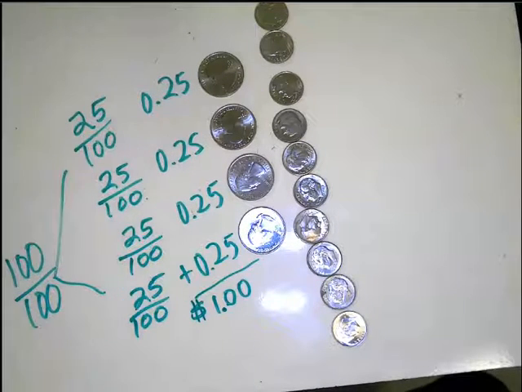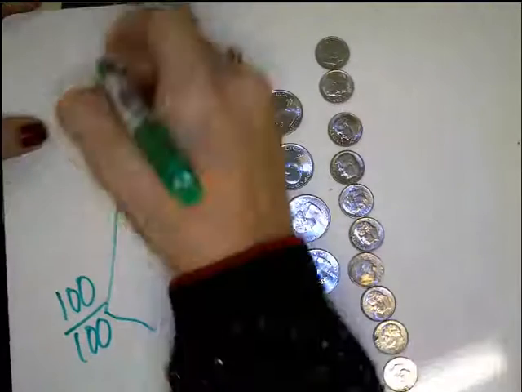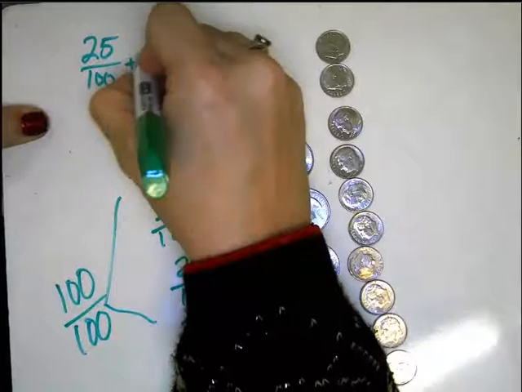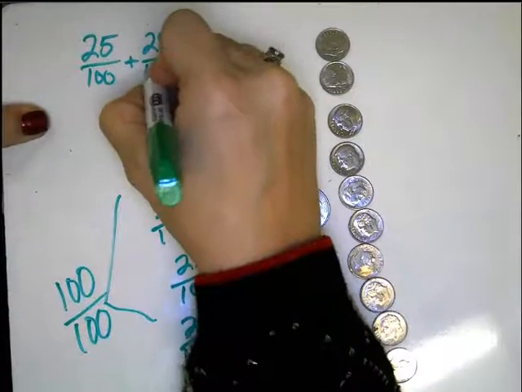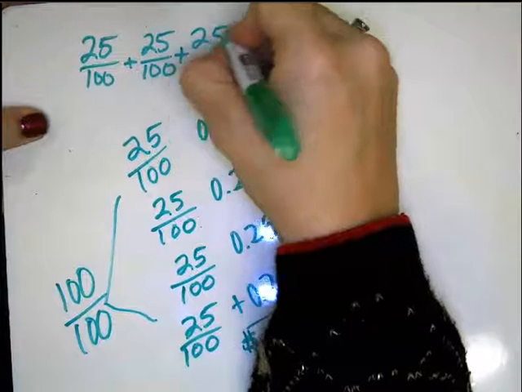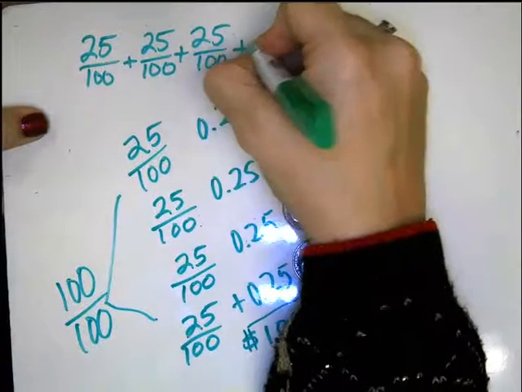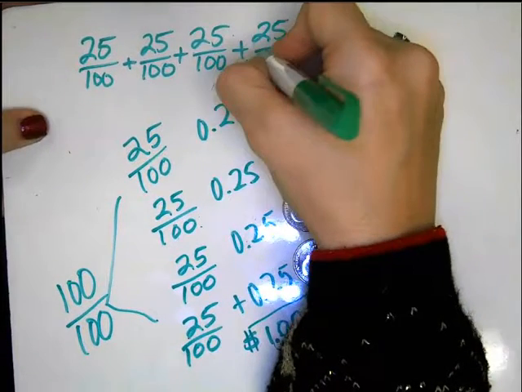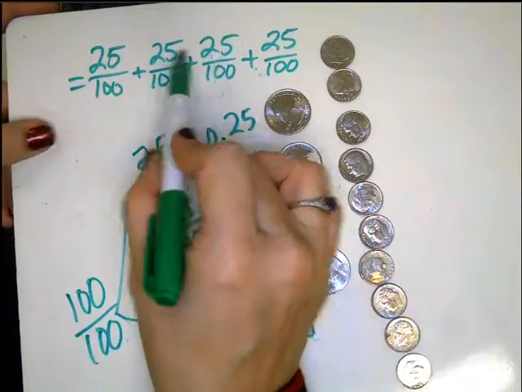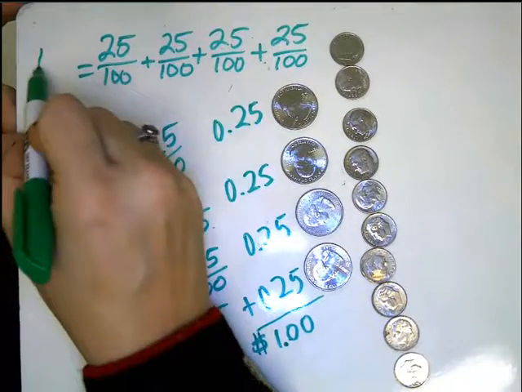If I add up, we'll do it horizontally. Okay? If I have 25 over 100 plus 25 over 100, 25 hundredths plus 25 hundredths plus 25 hundredths, that all goes together. 25 plus 25 plus 25 plus 25 is 100.